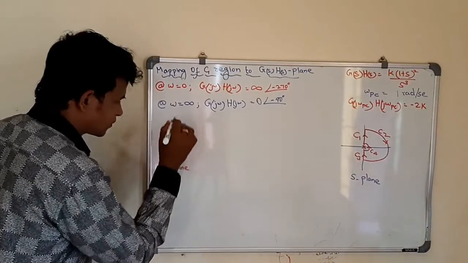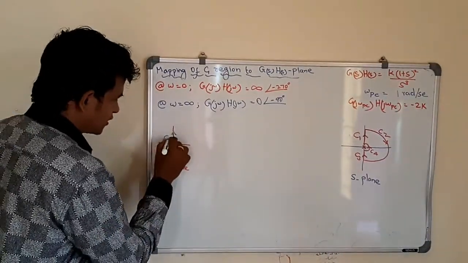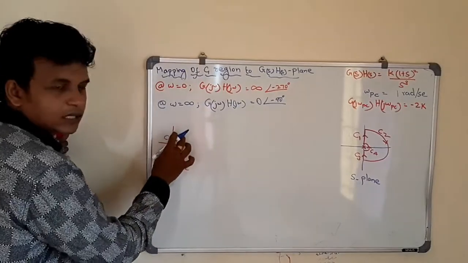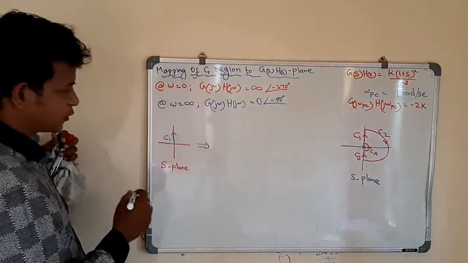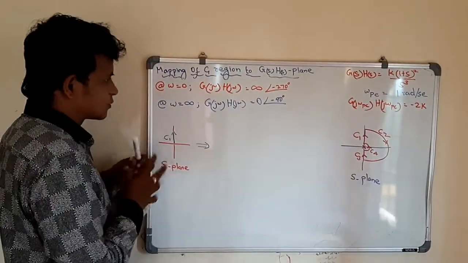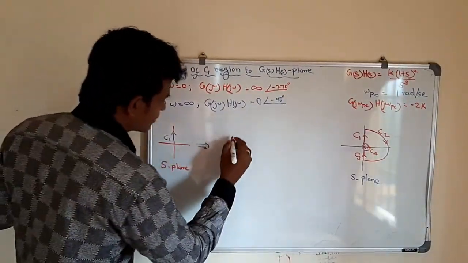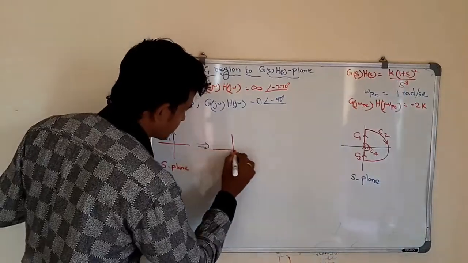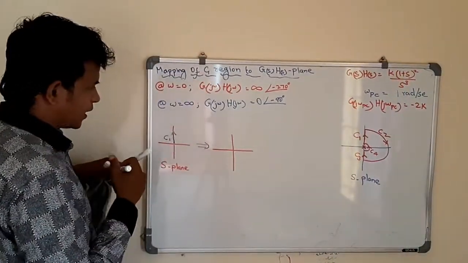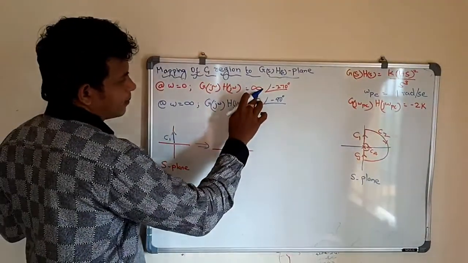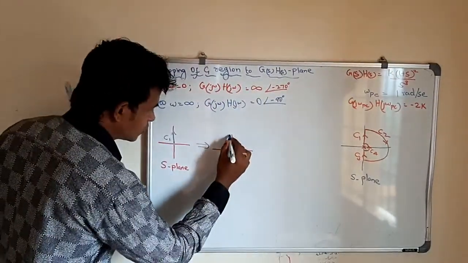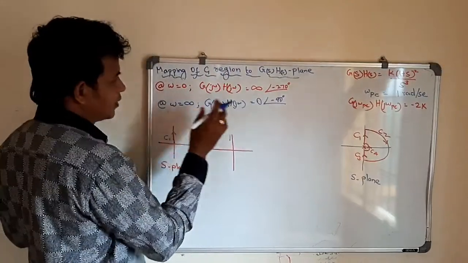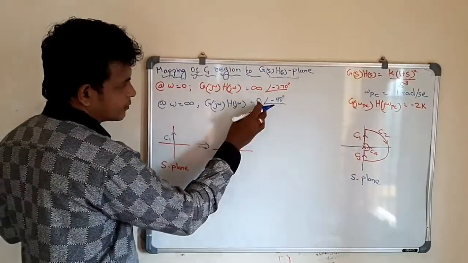I have to transfer it to the GH plane. In the GH plane, the plot has magnitude infinity and angle minus 270 degree when omega equal to 0. So it starts from here, and when omega equal to infinity, it has magnitude 0 and angle minus 90 degree.